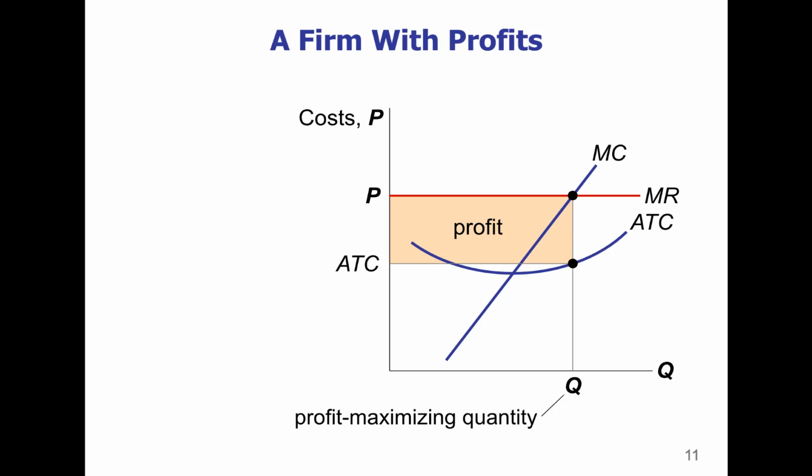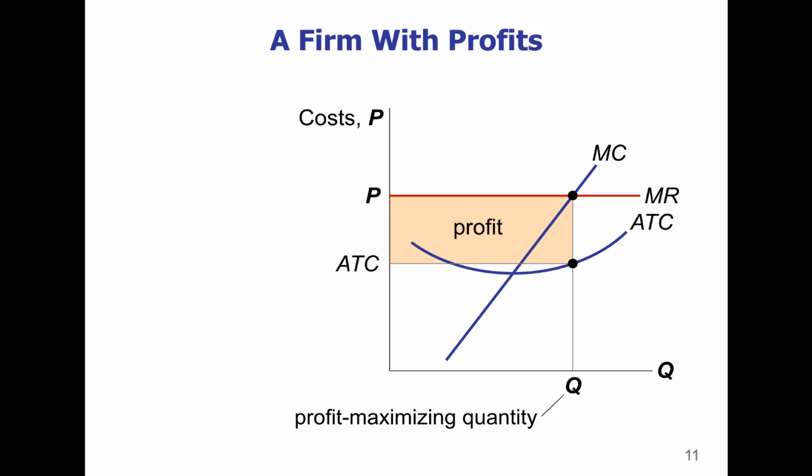In a competitive market where you have lots of buyers and sellers, your price is the same thing as your marginal revenue, which is why the red line is labeled both price and MR. But it is also a perfectly elastic demand line. So that price line and MR line is also demand.